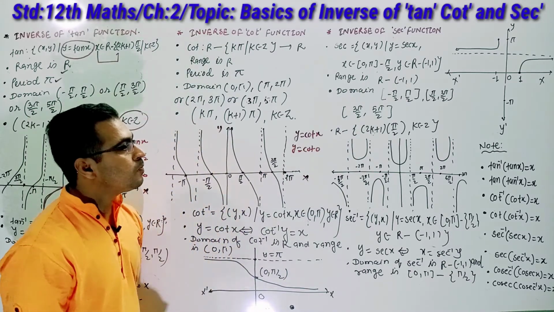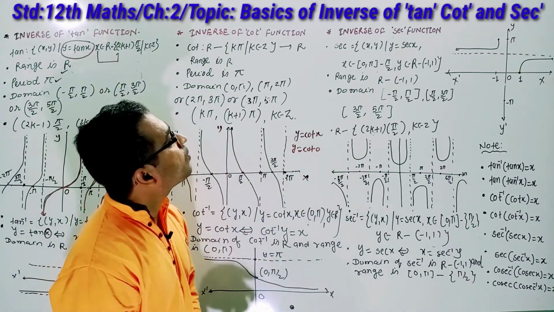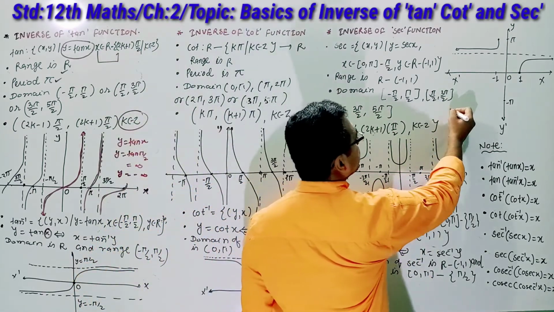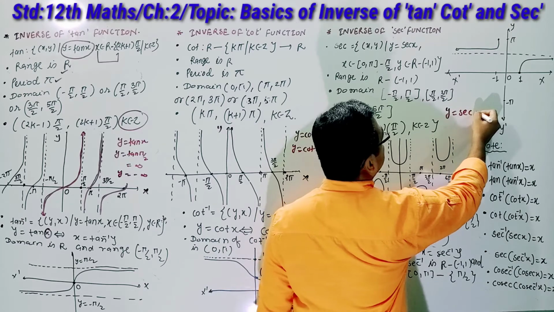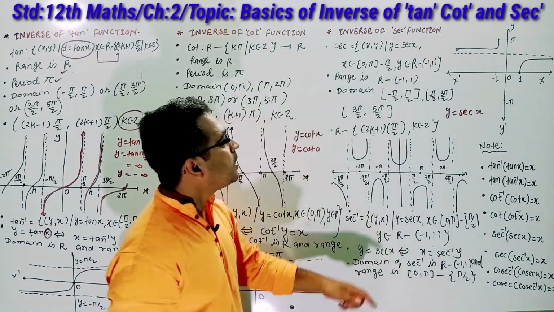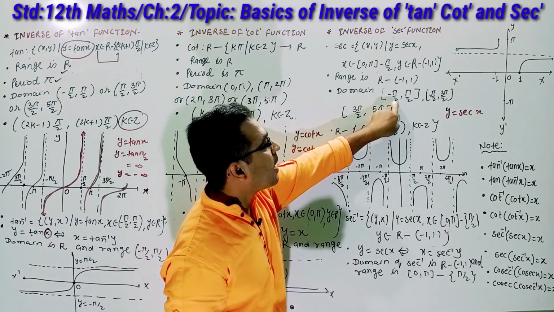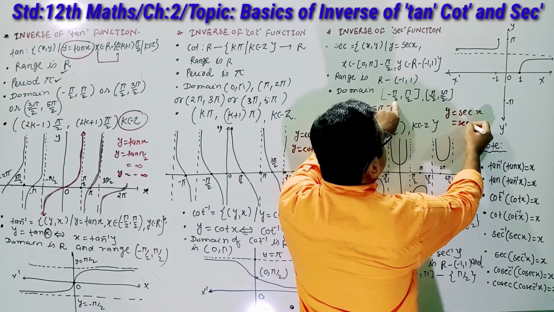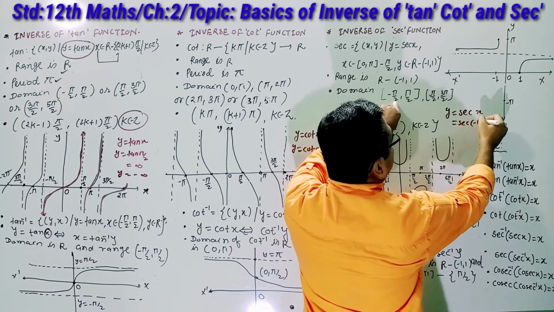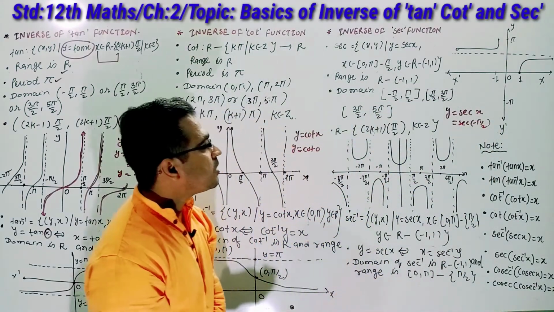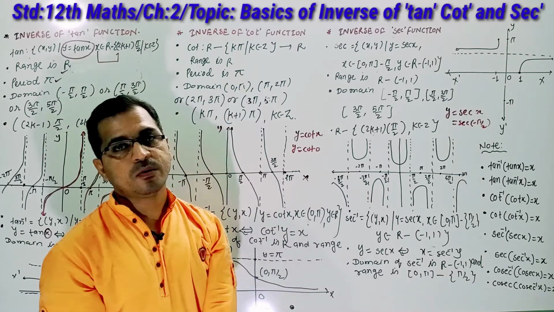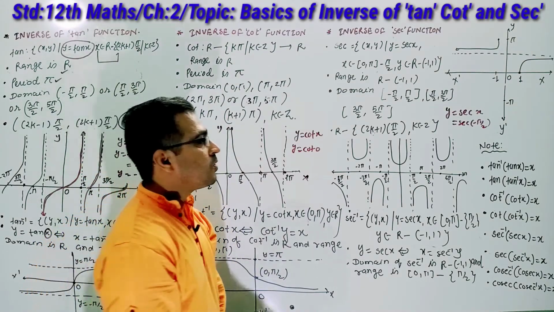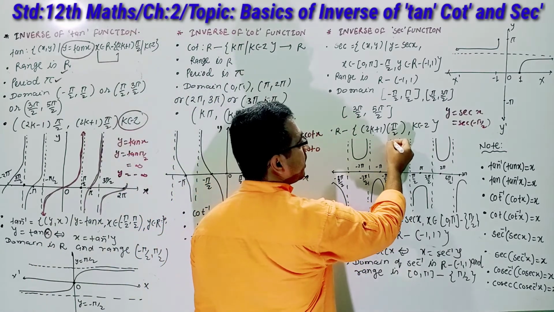Okay students, so again plotting the graph of this sec function. Consider y is equal to sec x. If you put the value of minus pi by 2, what about sec of minus pi by 2? Obviously you are going to get undefined, so there will be undefined in the negative direction.